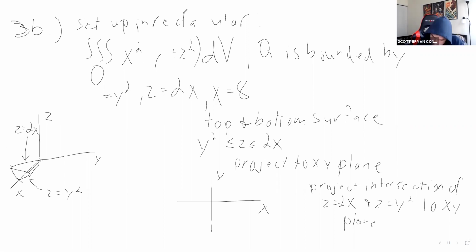Okay, so we got 2x equals y squared. So that is going to be x equals 1/2 y squared. And x is going to go from 0 to 8, which we already know. So x is 1/2 y squared, x goes from 0 to 8.